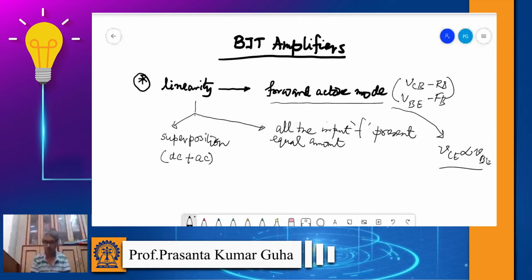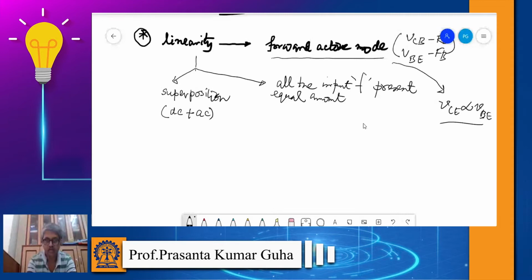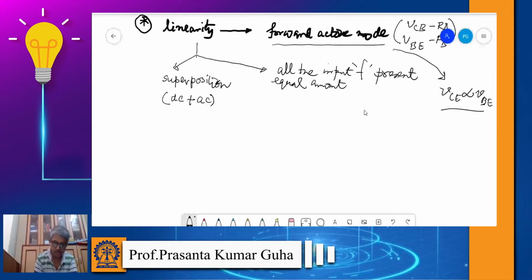We also mentioned that when we see the performance of a circuit in presence of AC signal, we can remove all the DC signals, as they are not changing.